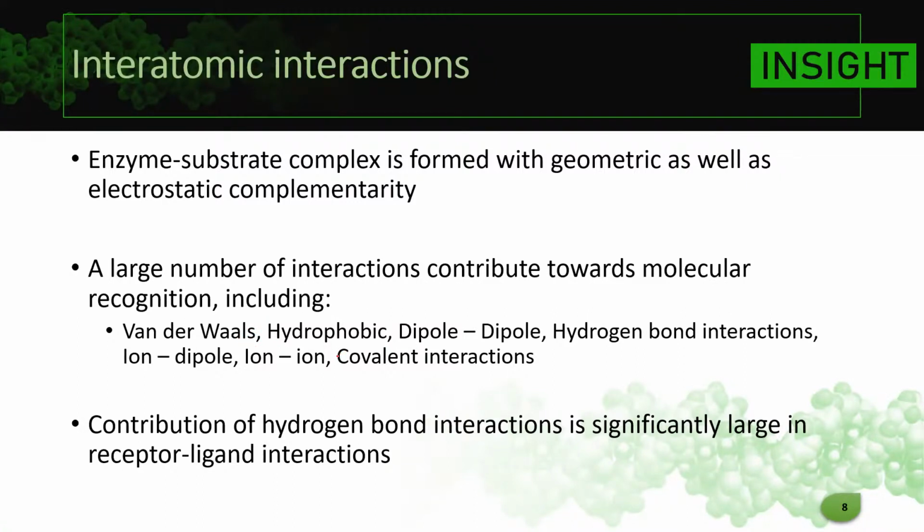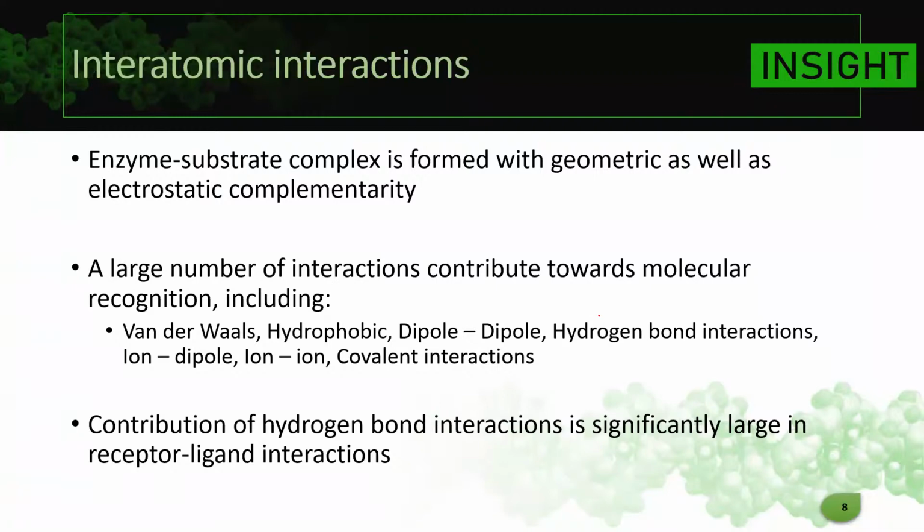Hydrophobic interactions, when we have any hydrophobic atoms, they can have these interactions. Dipole-dipole interactions, because of the different charge distribution, there is a dipole which shows the direction of the total force which is acting in a molecule, and then it can give us these interactions.